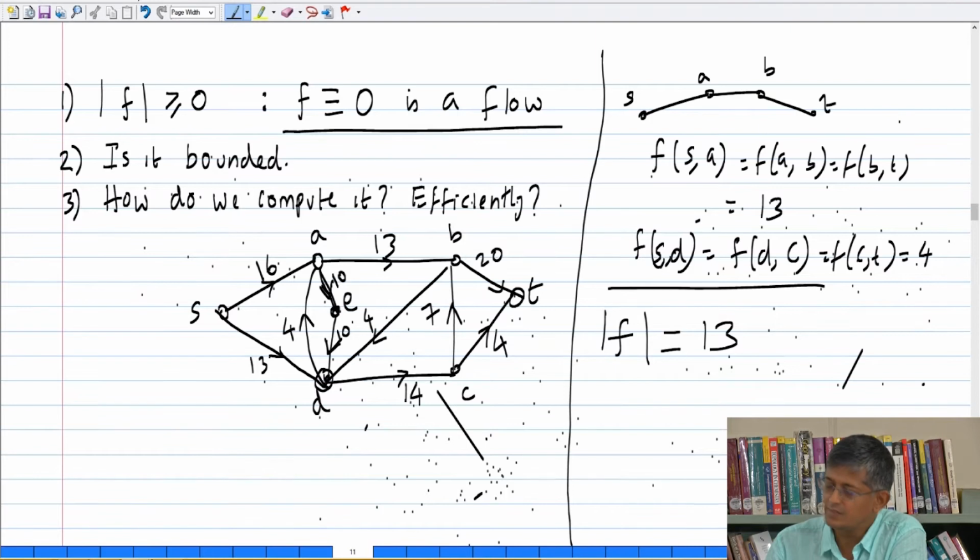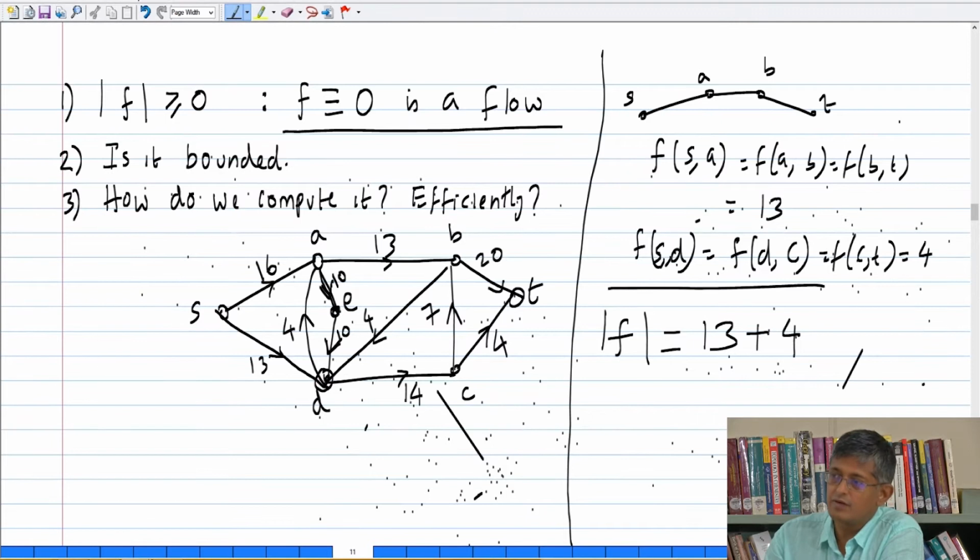So therefore you have taken this path, and therefore this is another plus 4 now, right? Can you increase it further? SDCBT, right? That's right, right? What would be the flow that you would give there? 7, right? Fine, right?